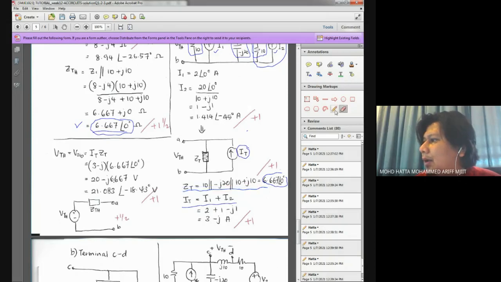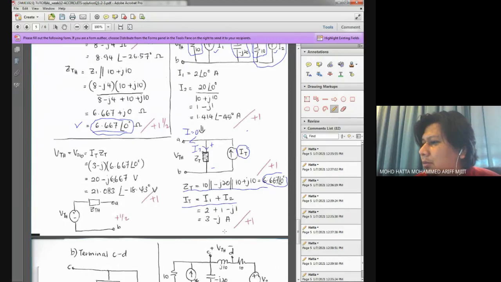Anyway, since we have the Z total and I total, we can find the voltage drop across here, and note that the current over here is 0. So all the current I total is basically the current flowing through this Z total element.